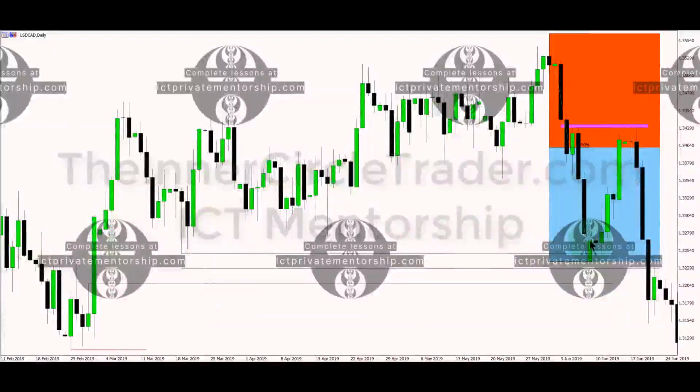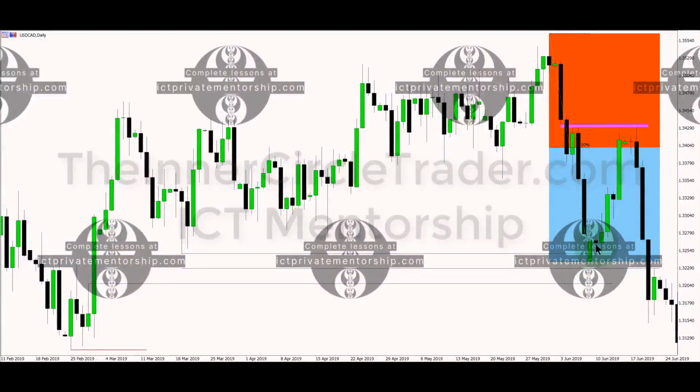So on this particular day here, on June 9th, we gapped down at the open below equal lows, relative equal lows, and then we started to close in and close the gap, if you will. We had created a swing low here, this candle. So now we have a swing low.